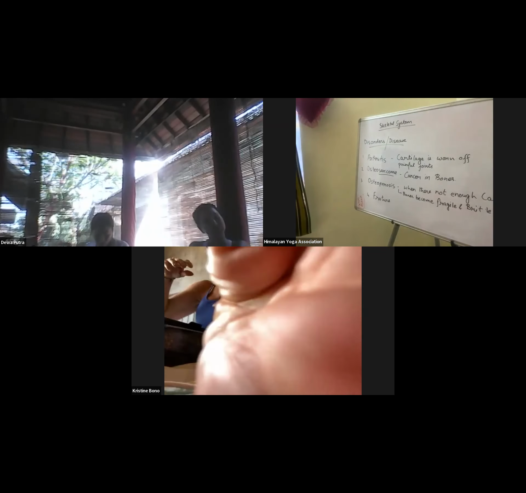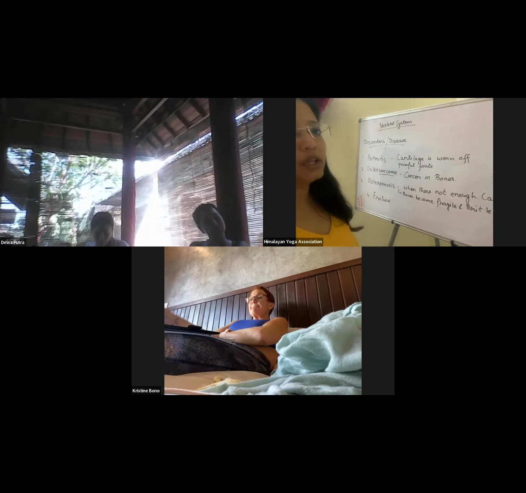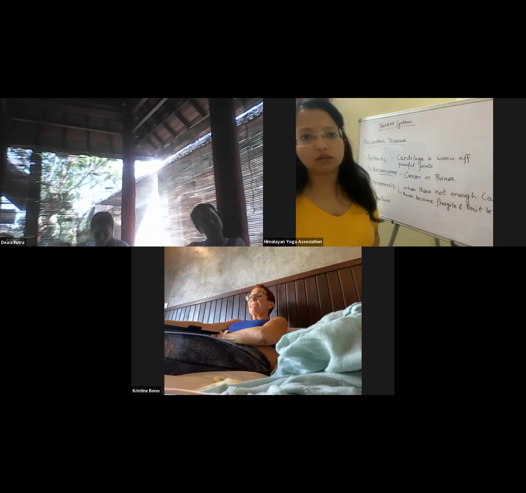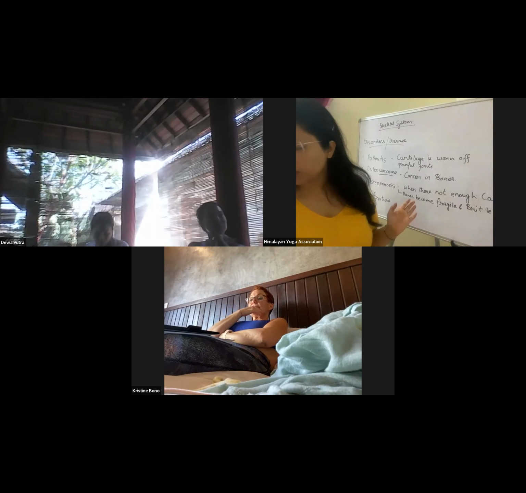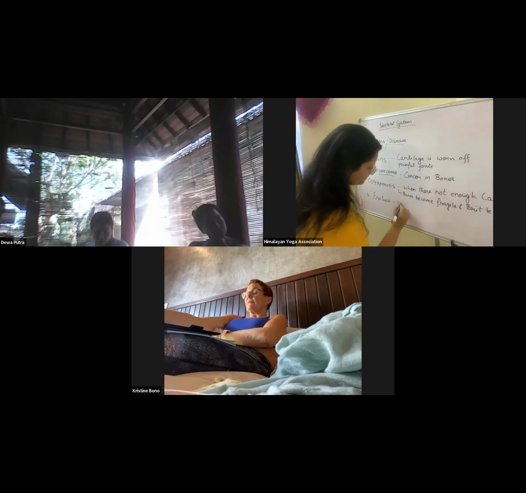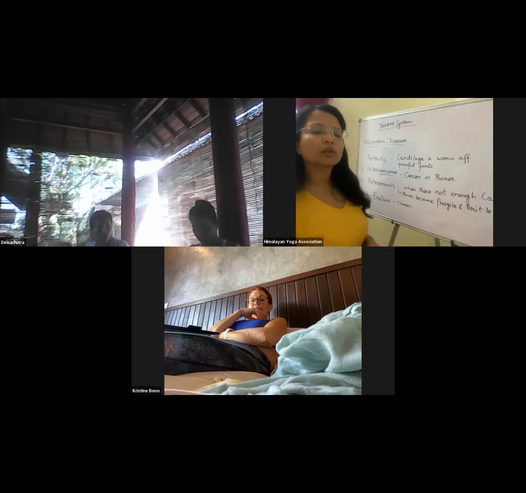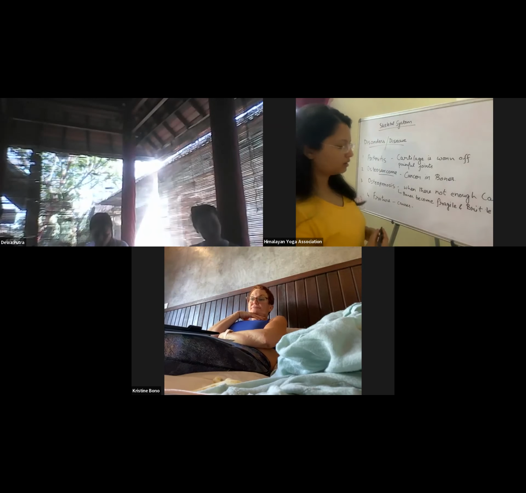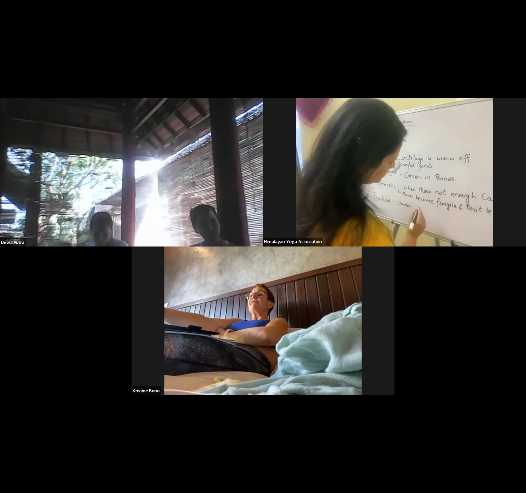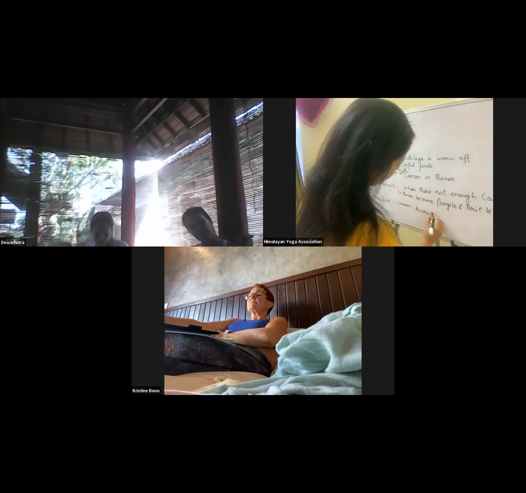Then what is a fracture? The breaking of bone, and breaking of bone can happen in many ways. What are the causes of fracture? Trauma. A fall or an accident. Yes.